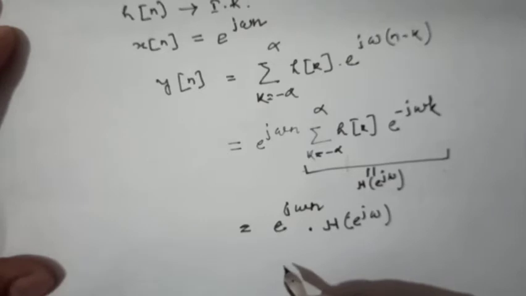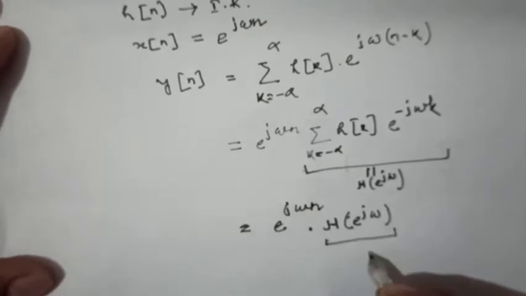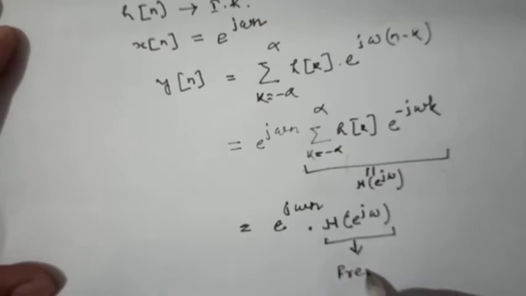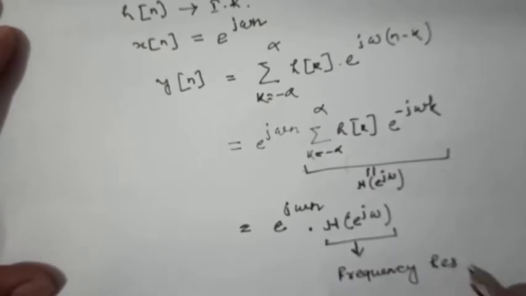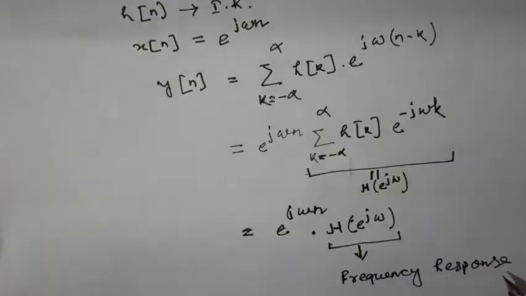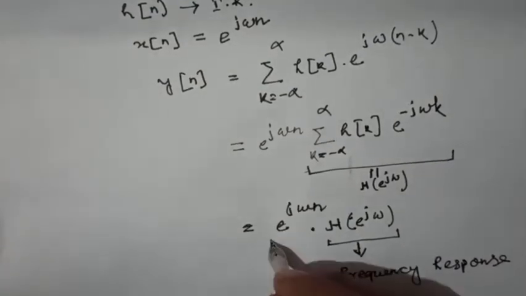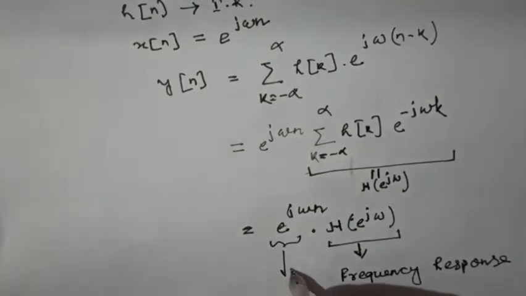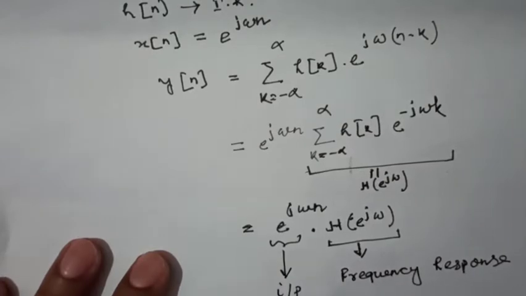This H of e to the power j omega is called the frequency response of the system. And this is nothing but the input, exactly the input.